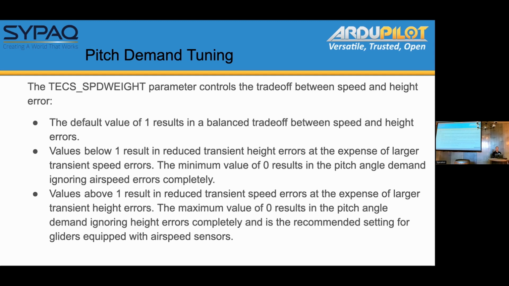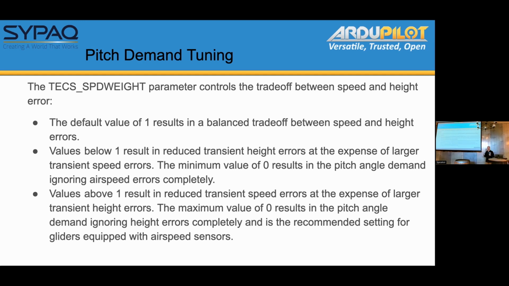Then we have the speed weight parameter. The speed weight parameter, once again, don't touch this unless you have a specific reason to do so. The weight parameter is just another way of controlling the compromise between speed and height. So if the aircraft is low on height and it's low on speed, obviously you want to add throttle.